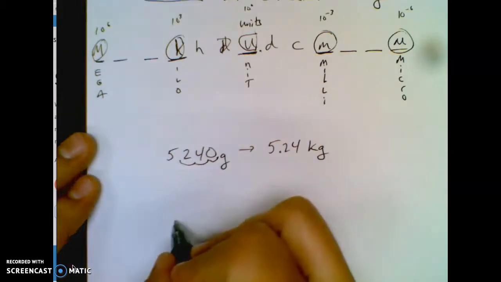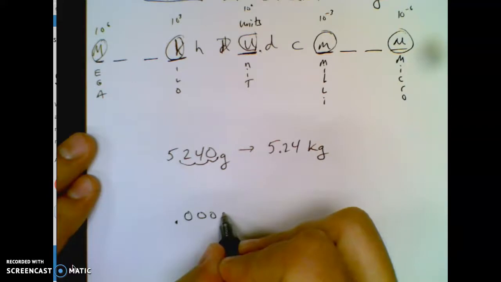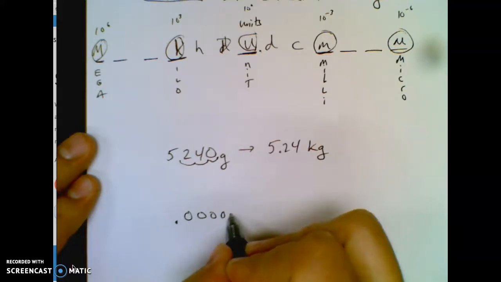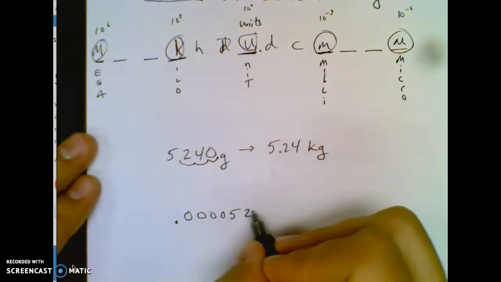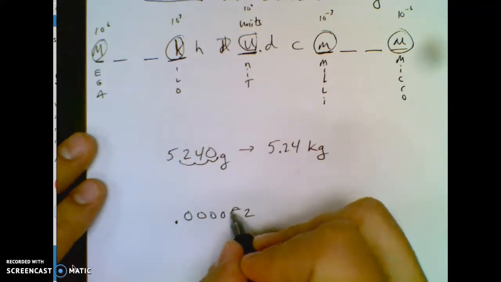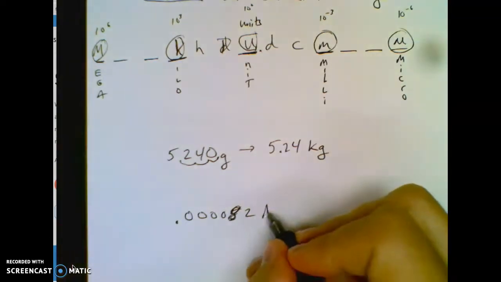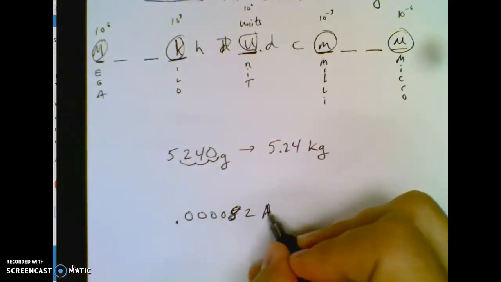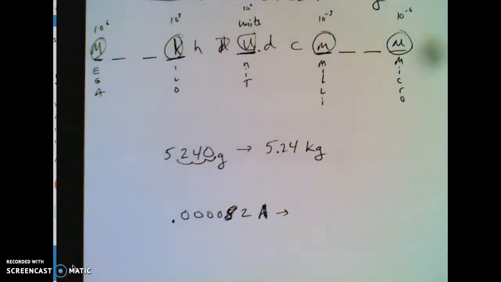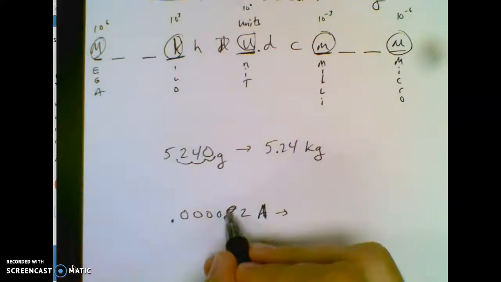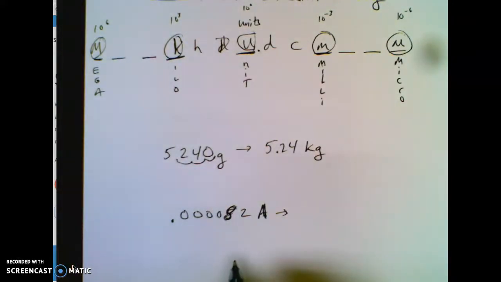Let's say we have a tiny amount of amps. That happens a lot, like 0.000008.2. Let me change it up, 8.2. Okay, and this is amps. If I have that many amps, I want to turn it into something that's okay engineering-wise. Well, this is definitely not a number between 1 and 999.